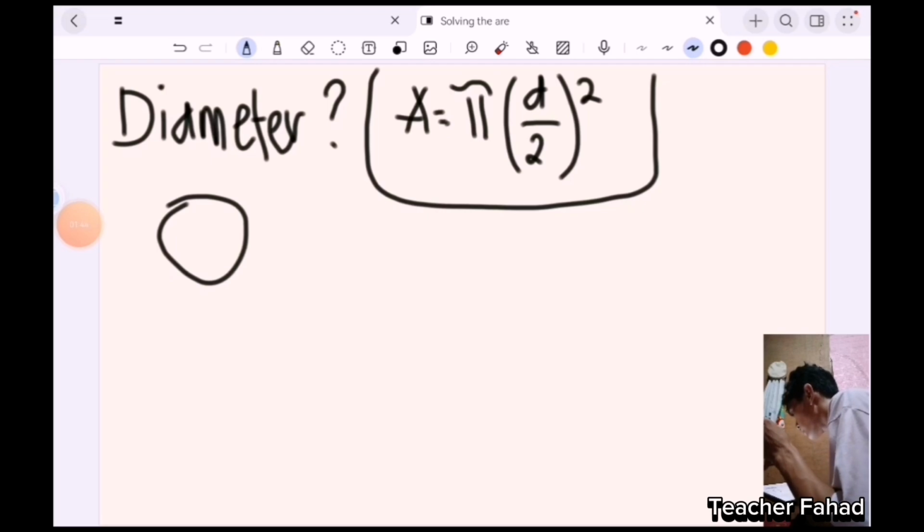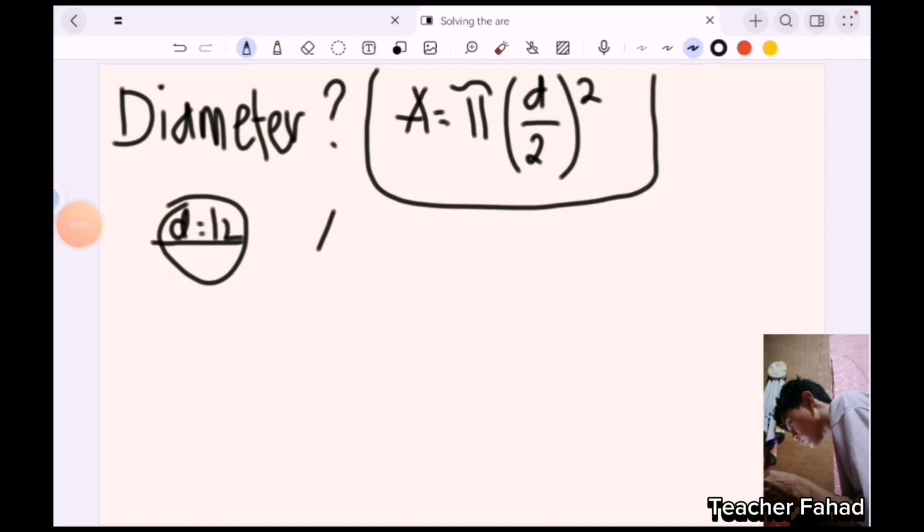So, now let us try to solve this example of how to find the area of the circle given the diameter. So, our diameter is 12 inches.